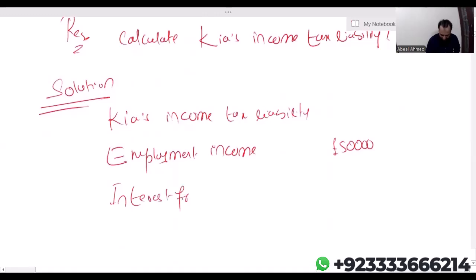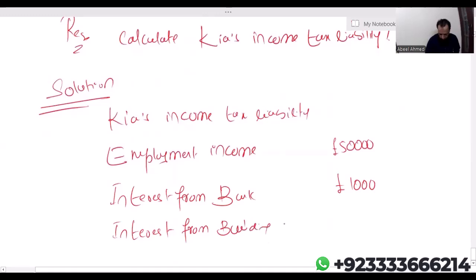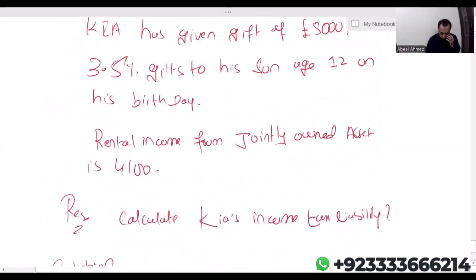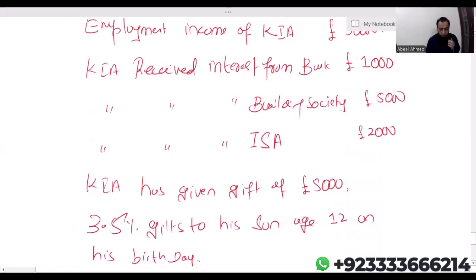Interest from bank. Interest from building society, it is 5,000. Okay, now listen carefully. Interest is 2,000 pound, which is coming from ISA, individual saving account.